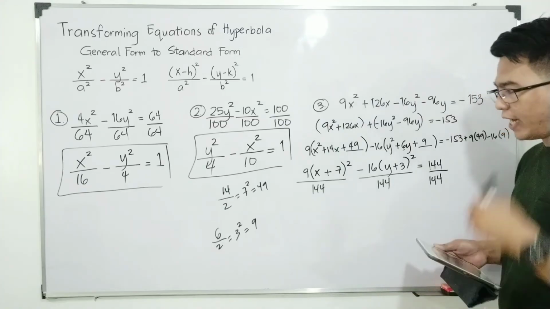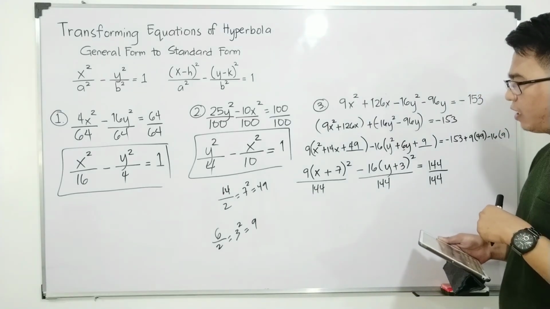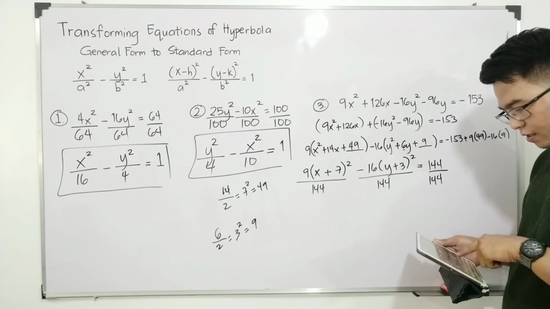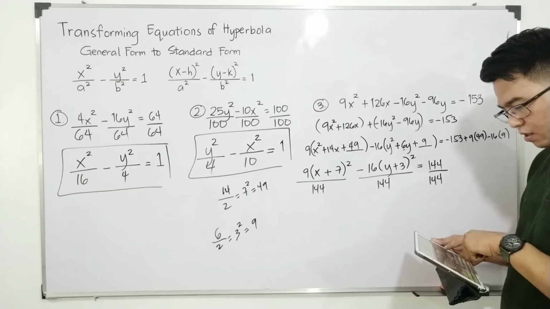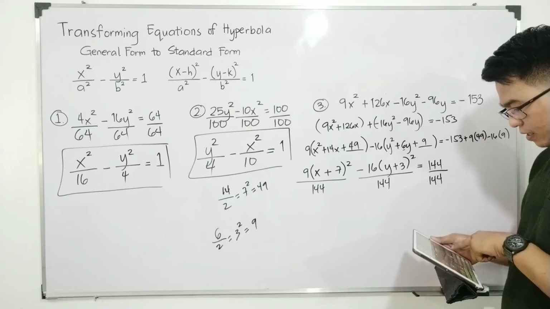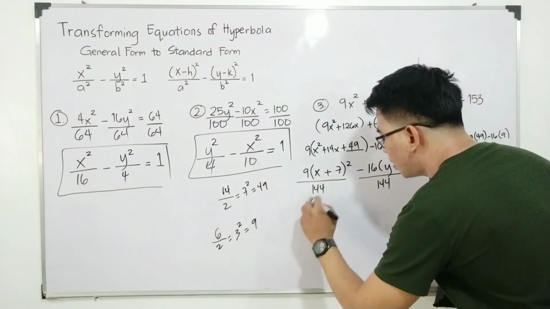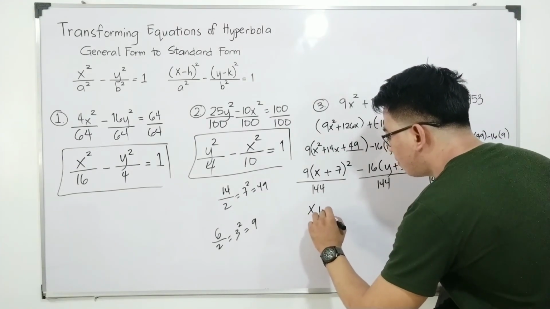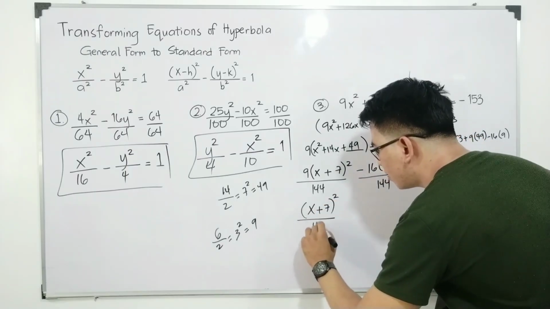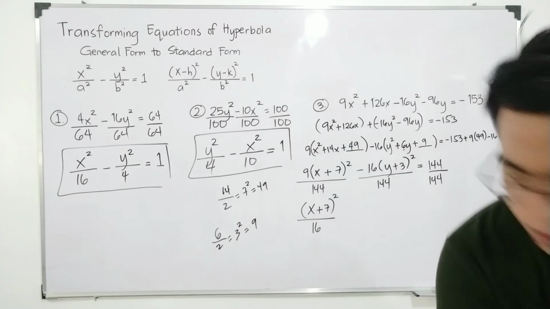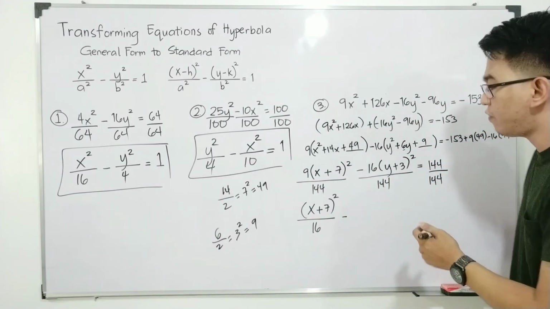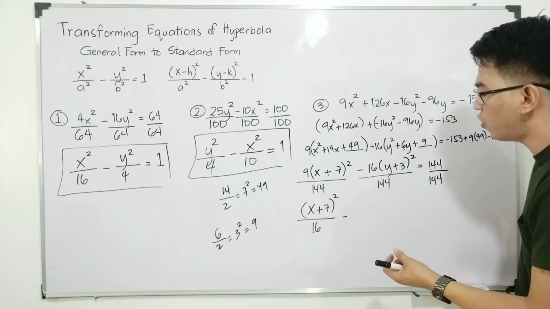This, when you simplify 9 and 144, the answer is 1 over 16. Okay, 1 over 16, so this will become x plus 7 raised to 2 over 16. At dito naman, it is negative, ito syempre, yung 16 over 144, 1 over 9 siya.